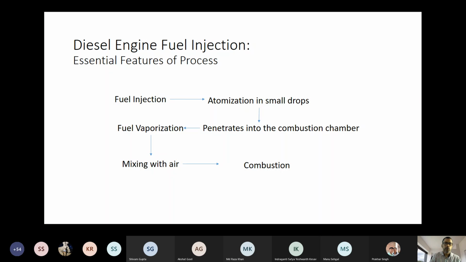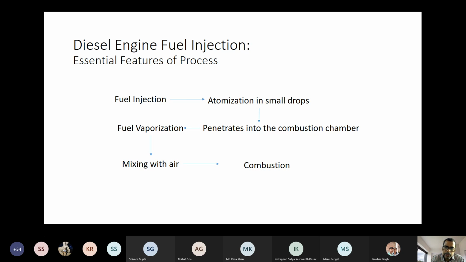Before going into what kind of technology is being used right now, we have to see that we are injecting the fuel directly inside the combustion chamber, just before the start of combustion.